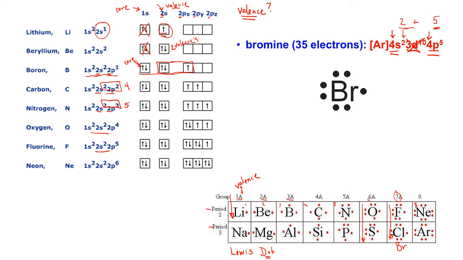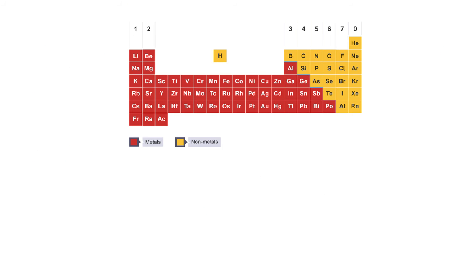So if I were going to draw his Lewis dot structure, I would draw it so it looked just like fluorine and just like chlorine, right? I'd draw it with 7 dots to reflect the 7 electrons. Okay, so this is the picture where I'm just showing you that as long as you can count from the S's, through the S subshell, skip the D's, we don't need those, because these are always one shell behind, and then count the P's.